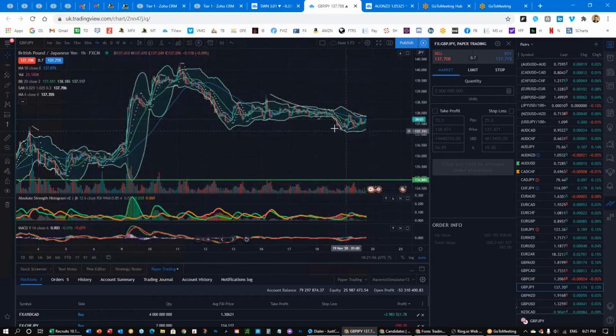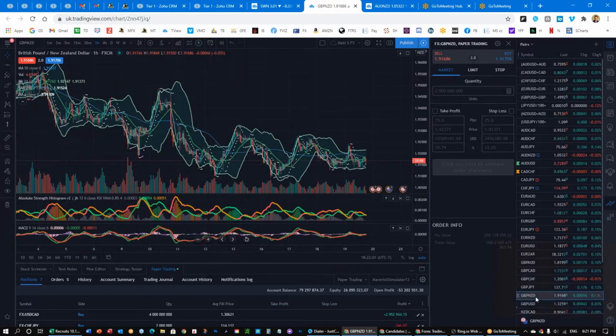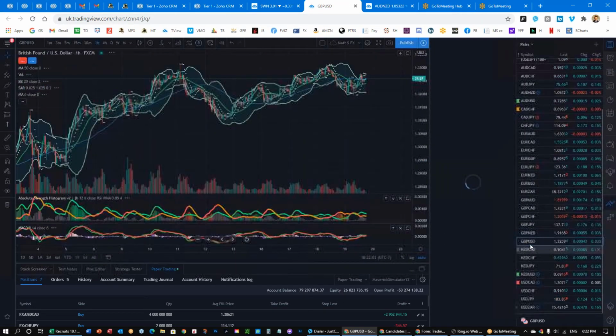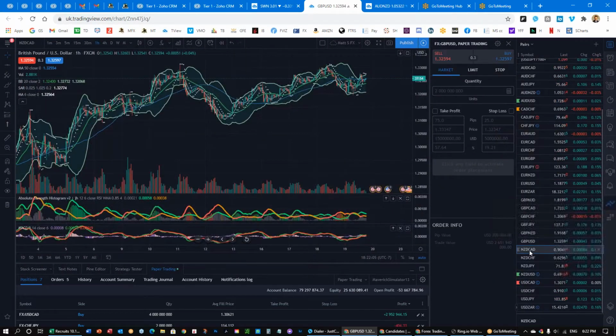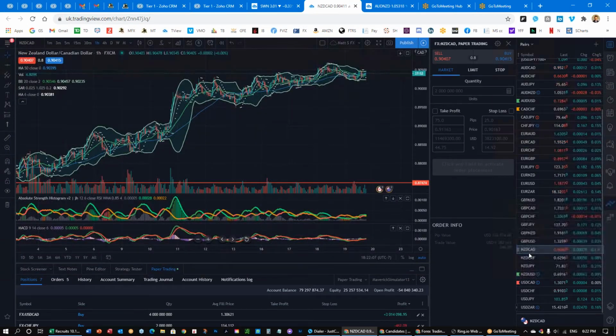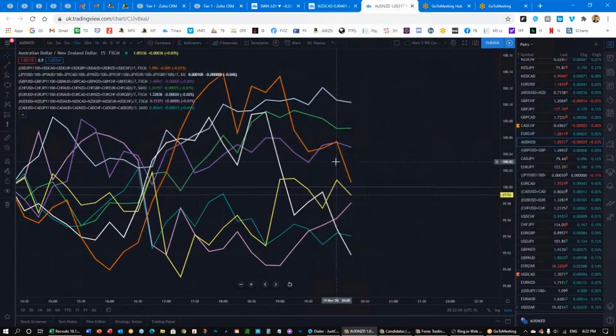Here was another one, but this one's really tight. Pound Kiwi, pound dollar. See, we're getting a lot of indifference. Let's see. So now they're starting to move certain ways.